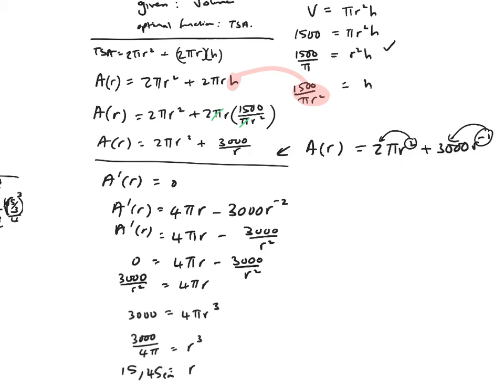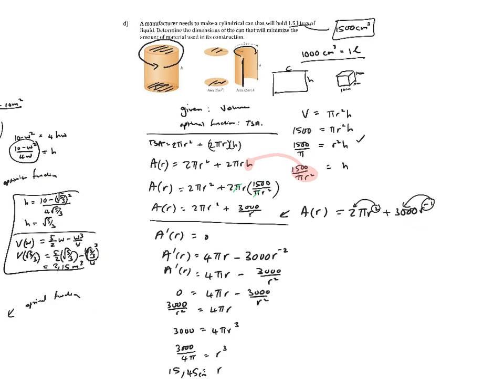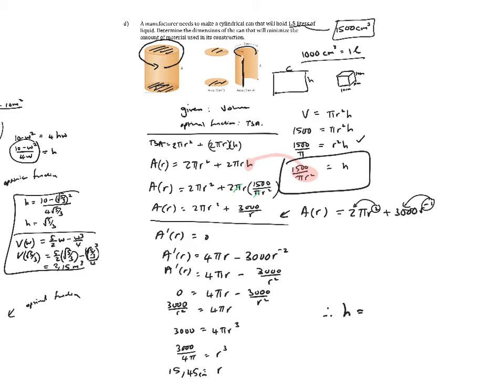That was the radius. And what did they actually ask you? Did they ask to find the radius? No, determine the dimensions. Okay, so that's the radius, and what's the other dimension which we need? We need to find the height. So therefore the height, just substitute that back, is 1500 divided by pi times the radius squared, in other words 15.45 all squared, so then you get 2 for that one.